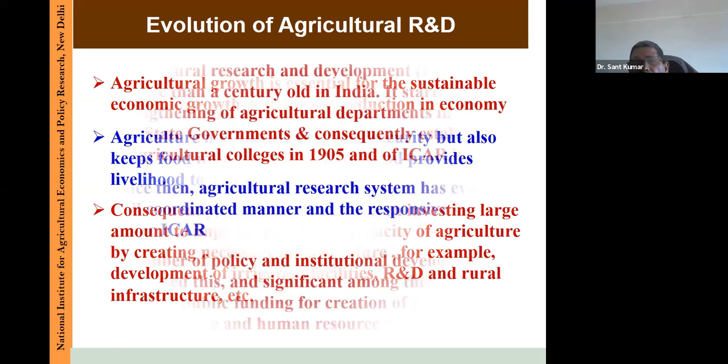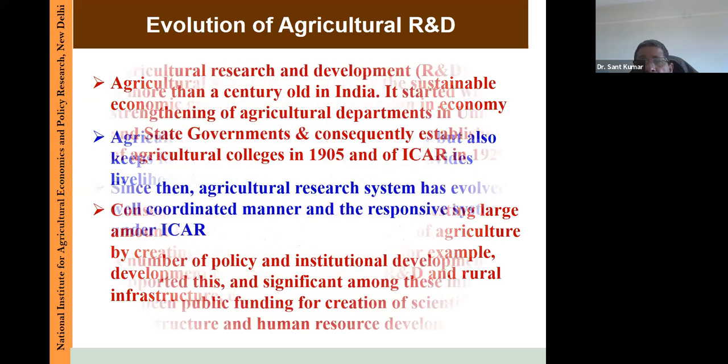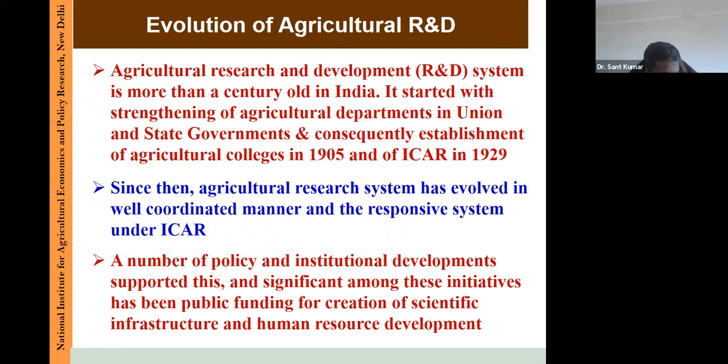The agriculture R&D system in this country is more than a century old. It started with strengthening of the agriculture department at the center and state governments, and subsequently the establishment of agricultural colleges in 1905, and ICAR was established in 1929.